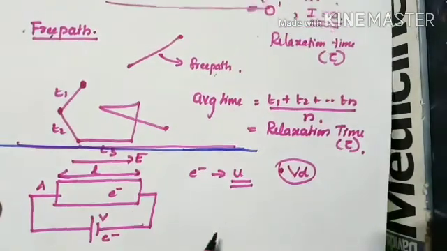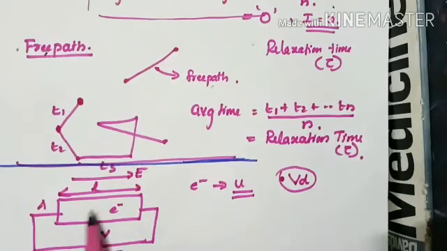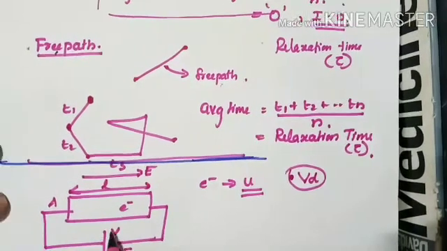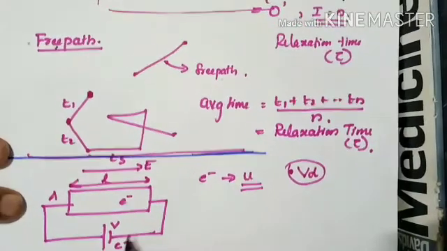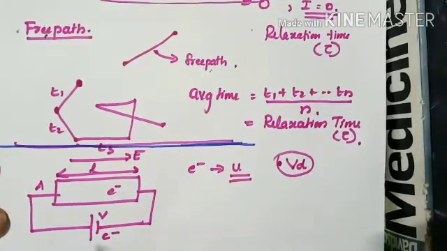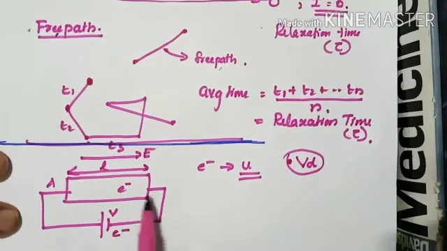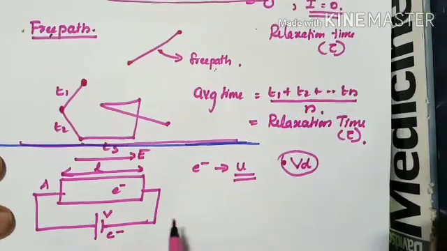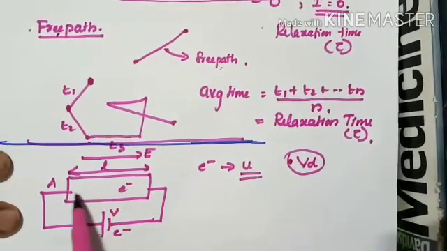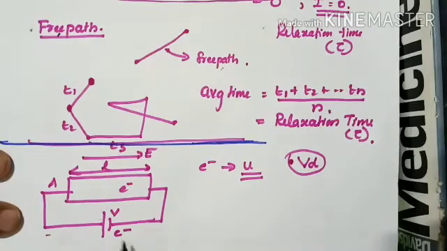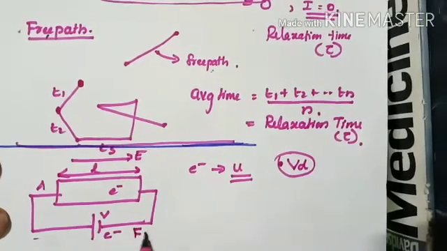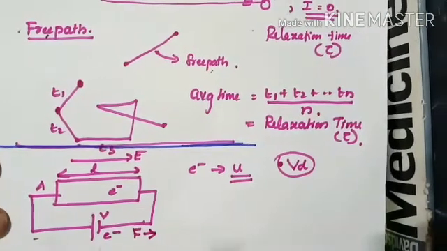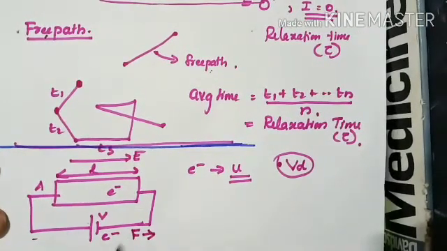Now, what is happening with the electrons? This electron from the supply is repelling the electrons of the conductor, and these electrons will be drifting towards the positive direction. That means this electron from the supply is applying a force, provided by the battery.